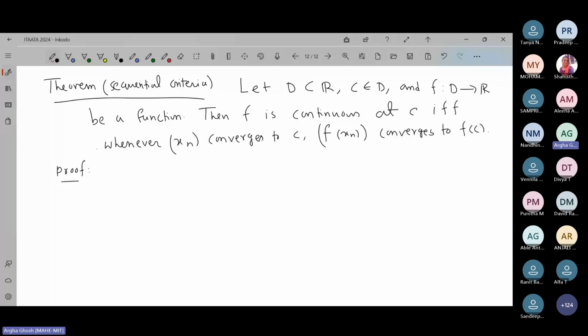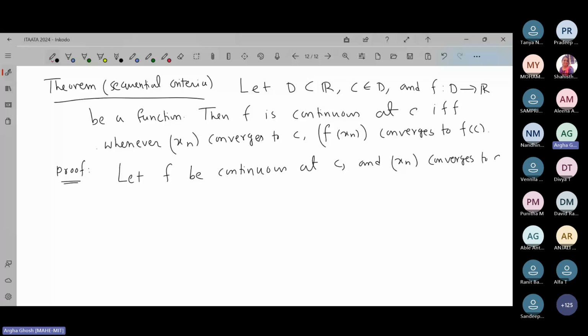So let's assume that f is continuous at the point c, and xn converges to c.